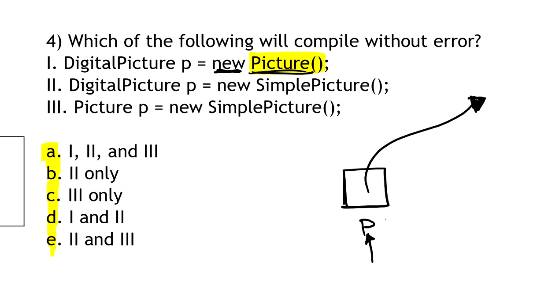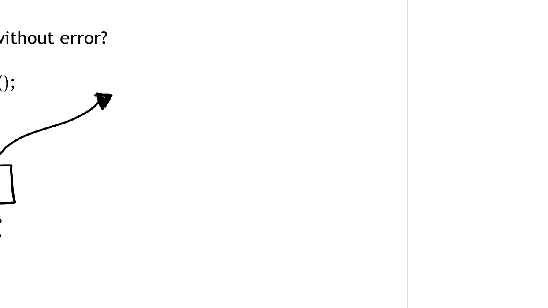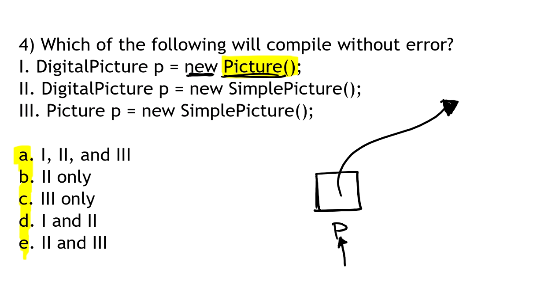The simple picture could add additional methods. There's no reason why it can't have more methods than the interface required, and the picture class could add even more. So when I declare it this way, P is capable of only pointing to those functions outlined in the digital picture interface.